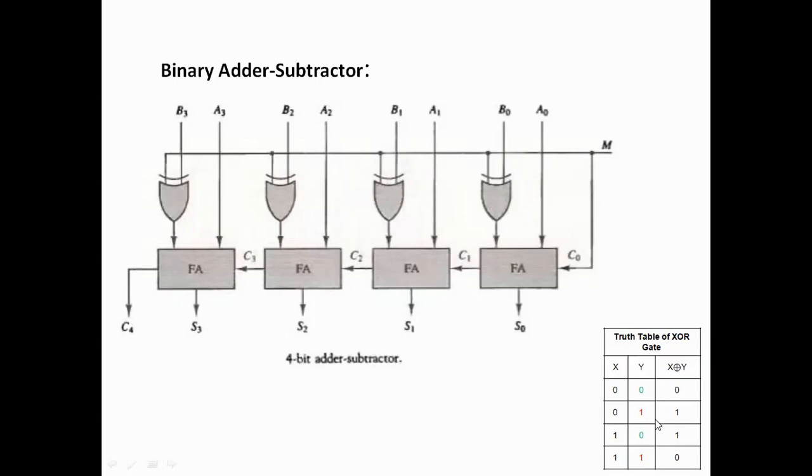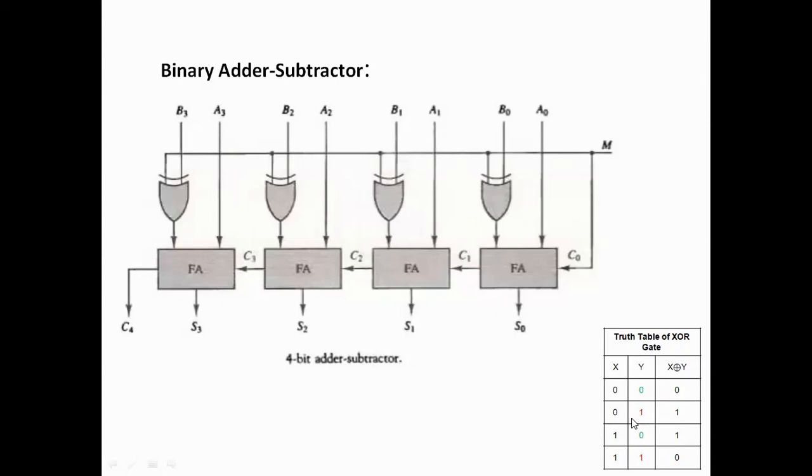If we look keenly at it, whenever one of the inputs is 0, the output is same as X. That means if Y is 0, output is same as X. And if Y is 1, output is equivalent to X bar.